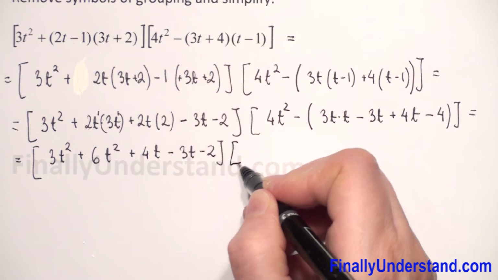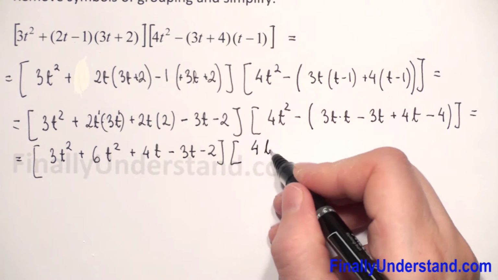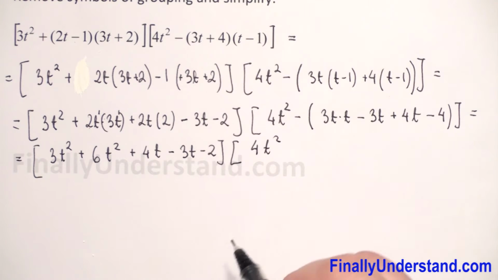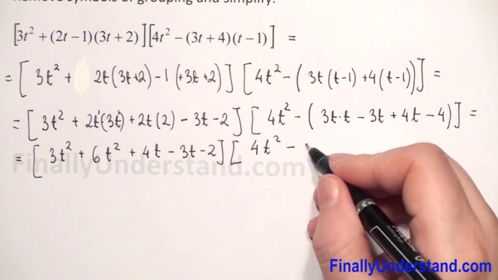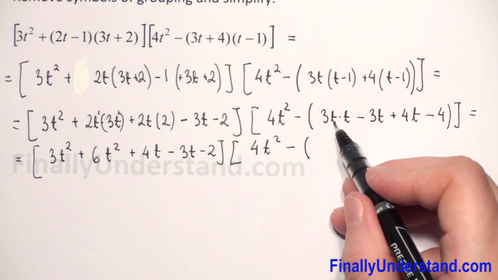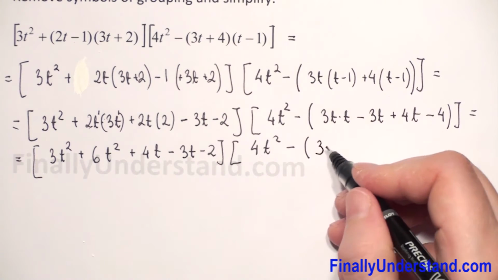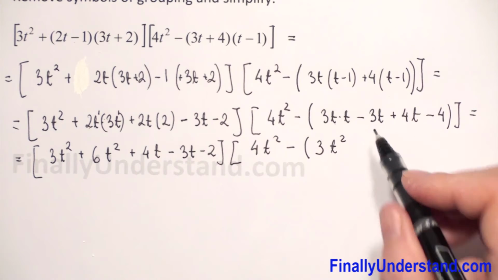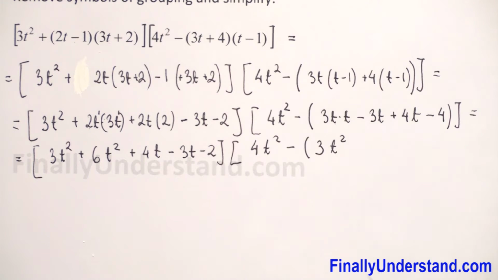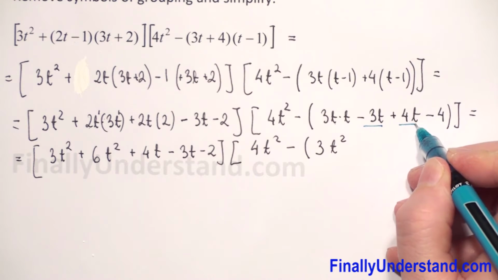Close brackets, open brackets. Have to copy 4t squared. And first we will do whatever we can do in the parentheses. So we copy negative sign. 3t times t, so 3 you have to copy, t times t is t squared, and we have the like terms, 3t, negative 3t, and positive 4t.